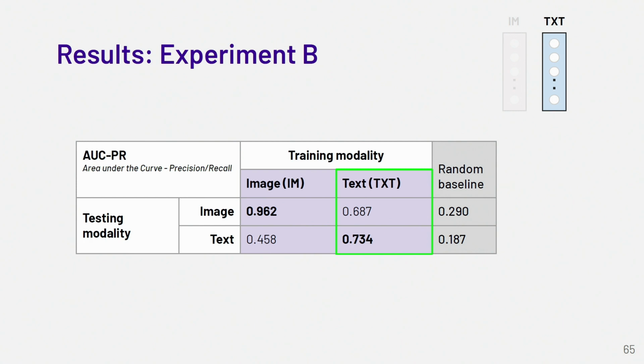These two results together are an indication that the text-trained classifier can actually transfer its knowledge onto images without any significant loss, but not in the opposite direction. And that is a bit counterintuitive, that it doesn't go both ways.